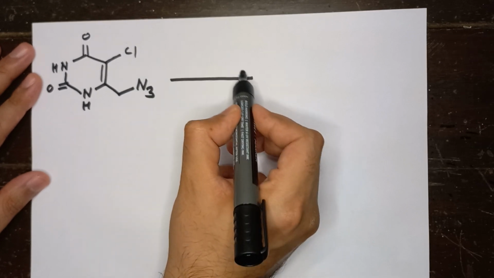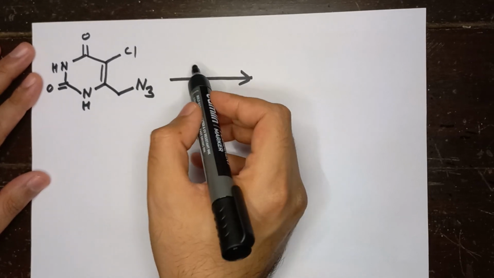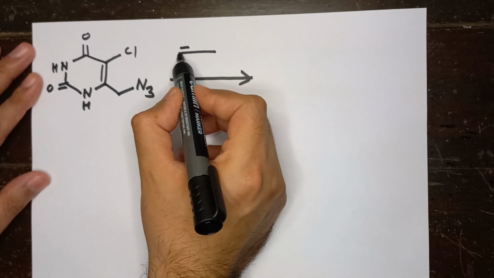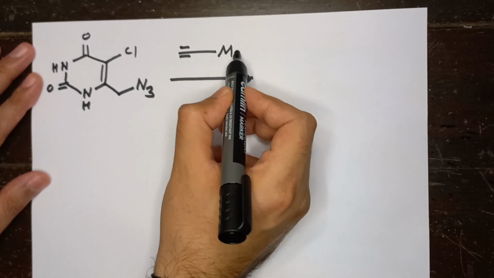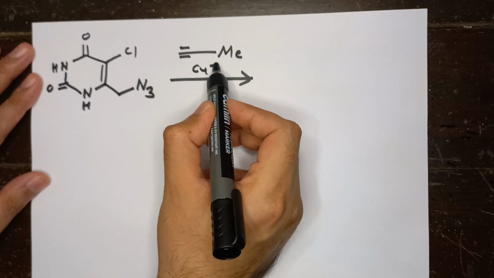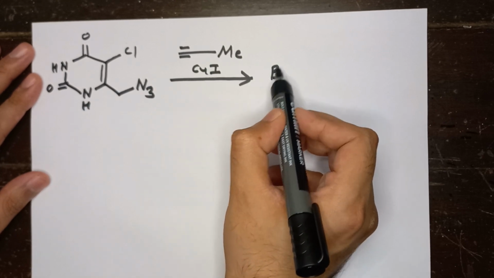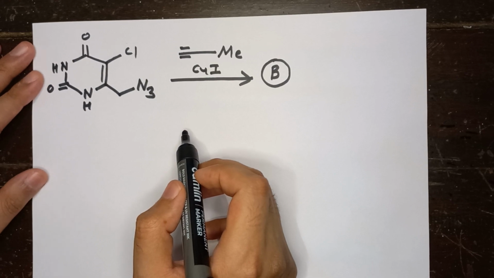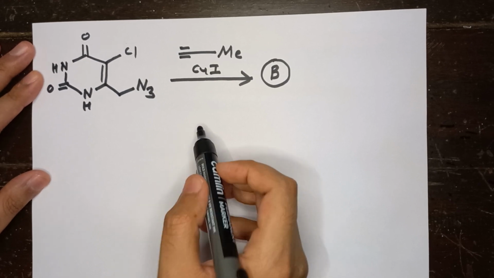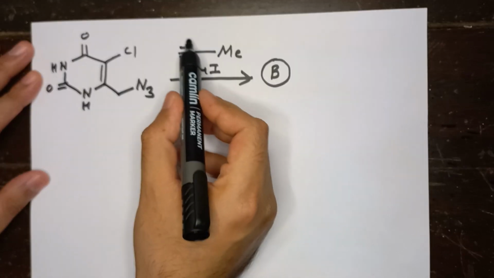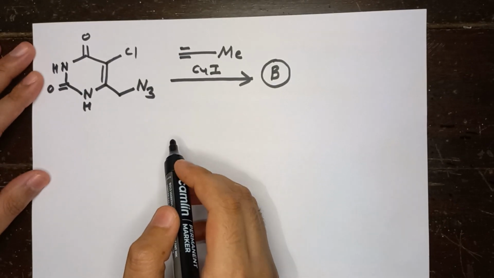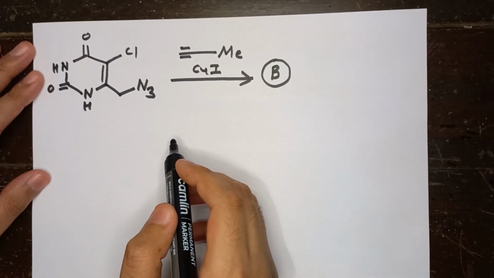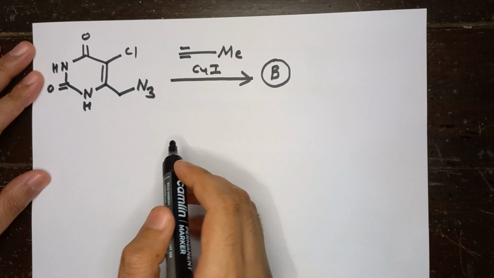In second step, we are reacting this with a alkyne. So we have a terminal alkyne in presence of copper iodide and we are getting molecule B. So this is what we call the azide-alkyne cycloaddition. We have this azide and we have this alkyne. So let's go ahead and draw the mechanism for this click reaction.